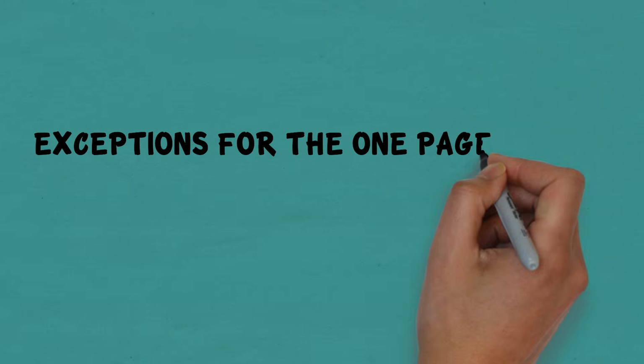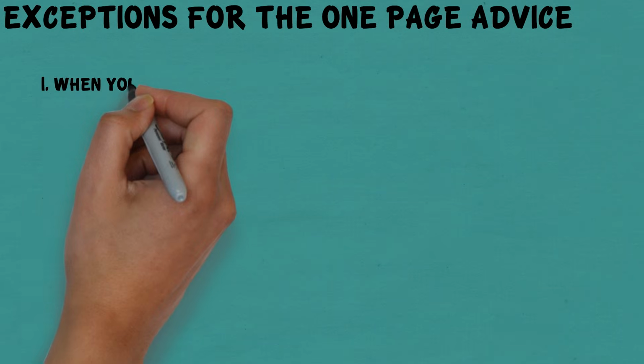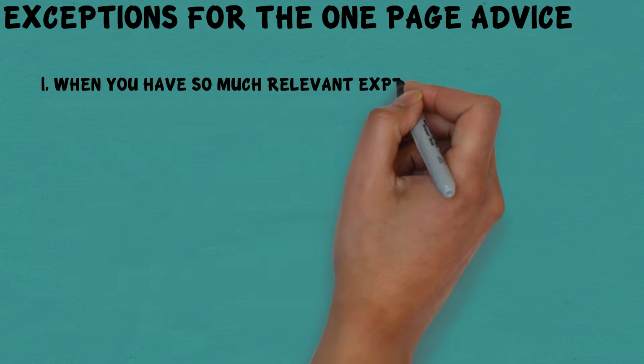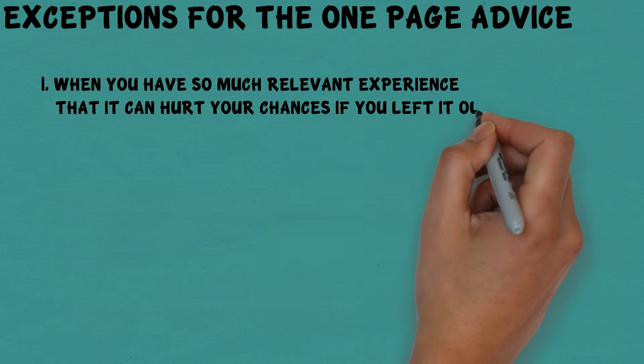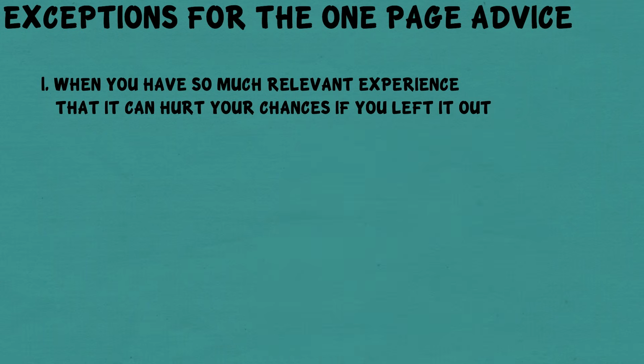Exceptions to this one-page advice are: 1. If you have so much relevant experience to talk about that it would hurt your candidacy if you left it out. This especially applies to people who already have professional experience before they go or go back to school. 2.